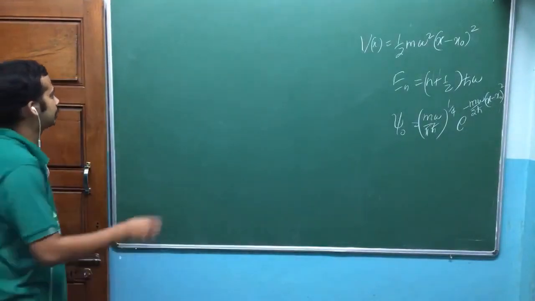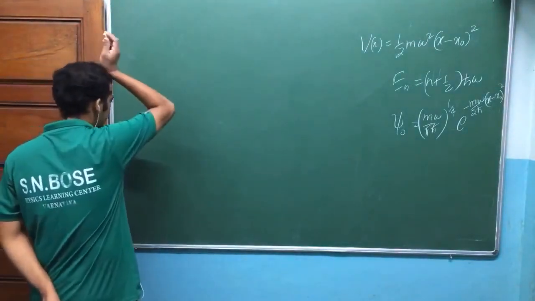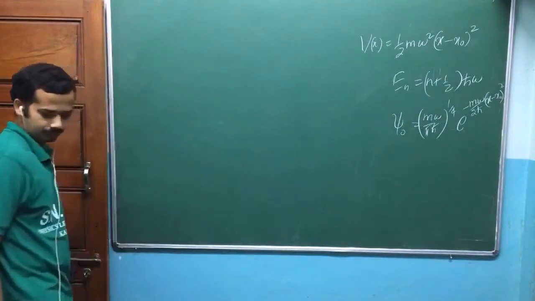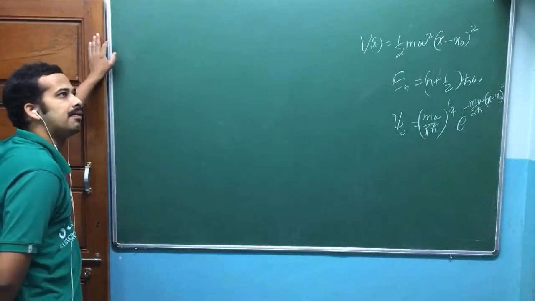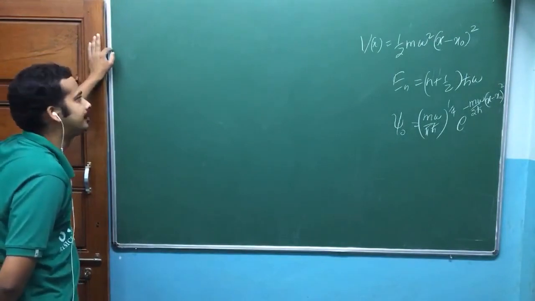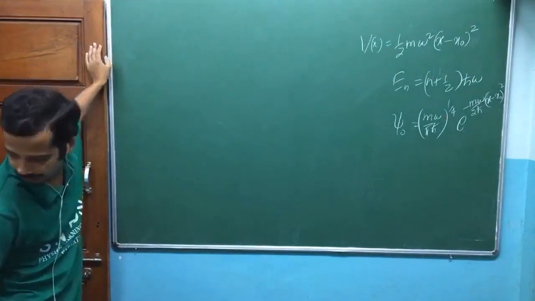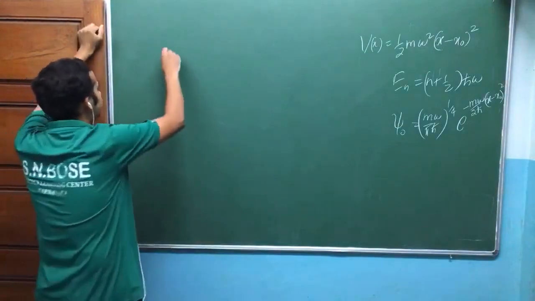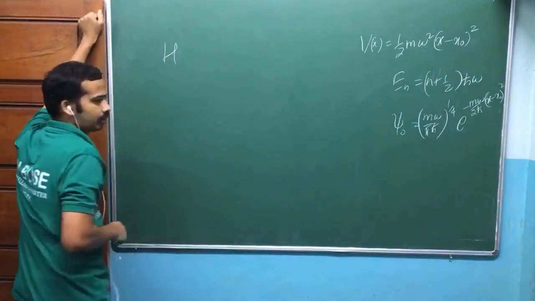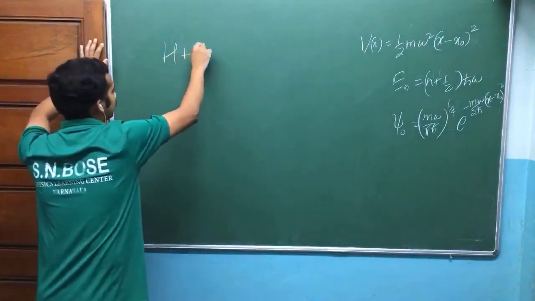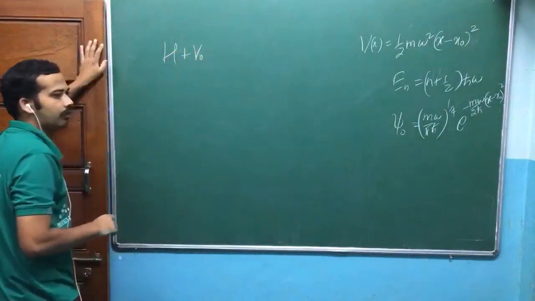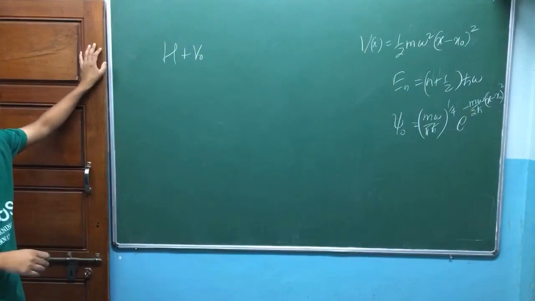Now what I do here is, I'll take one more idea. Now I have one Hamiltonian. I'm adding one constant V0 to Hamiltonian.